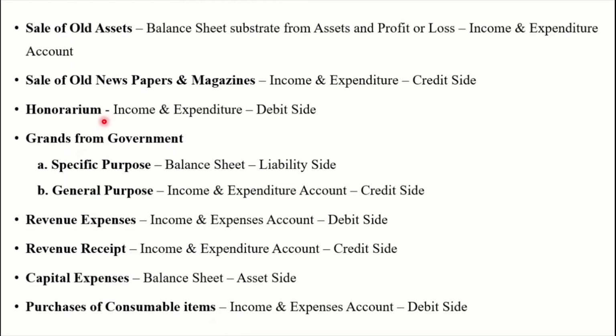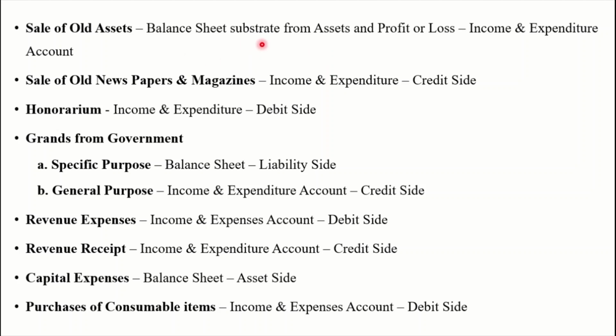Then another term is sale of old asset. If the organization sells an old asset, for recording that we do two steps. First, we subtract the amount of that asset from the asset side of the balance sheet.